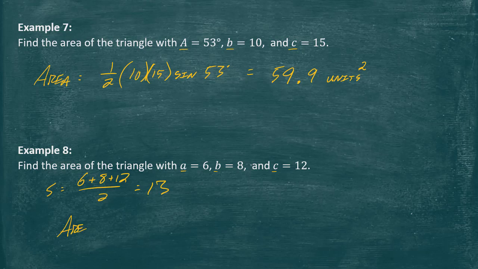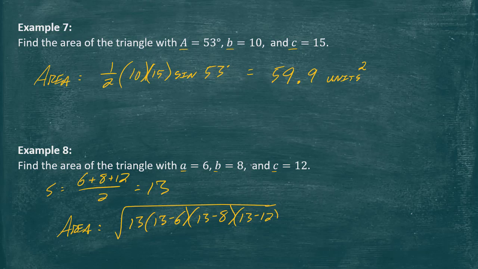So my area is going to be that semi-perimeter number used 4 different times. One time it's just 13, times the next time it's 13 take away the first side, then times 13 take away the second side, and lastly 13 minus the third side, which is 12.